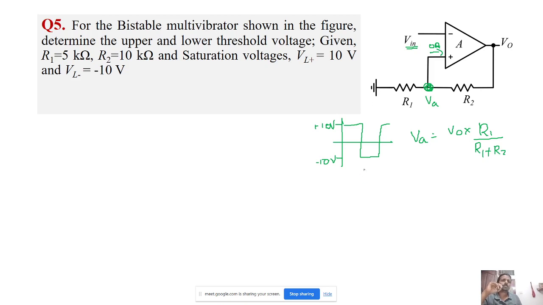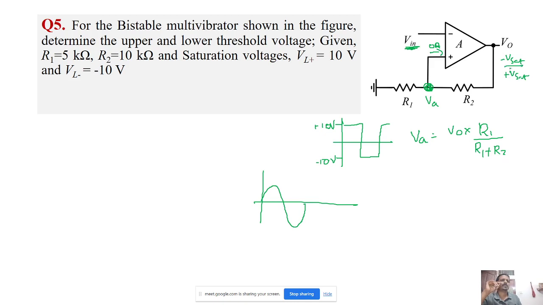We have an input signal, and whenever the input voltage Vin is less than VA, the output will be minus Vsat. When Vin is greater than VA, it will be plus Vsat.